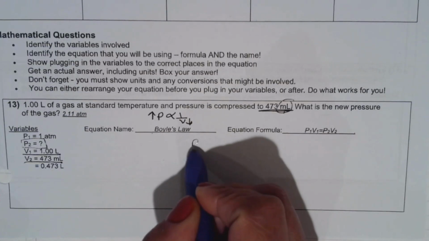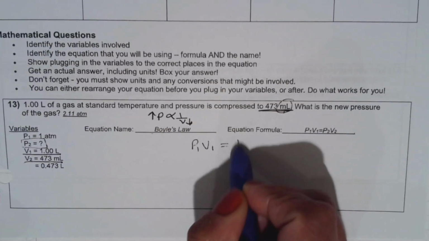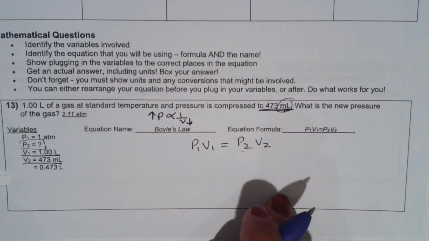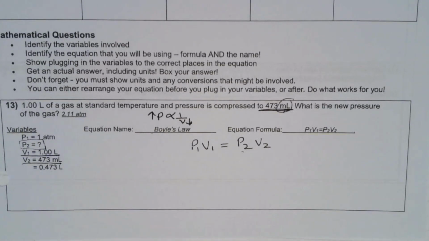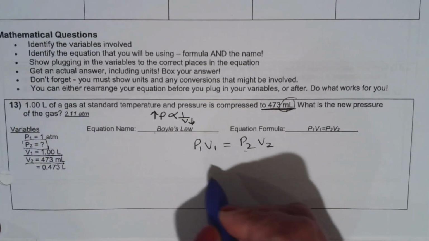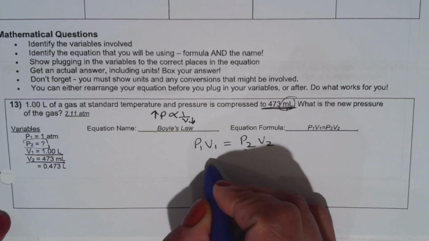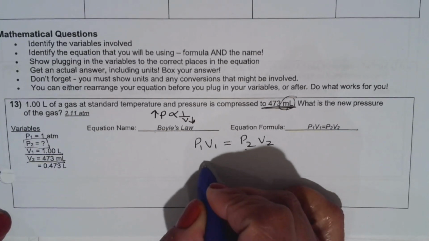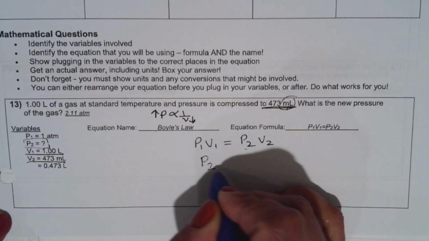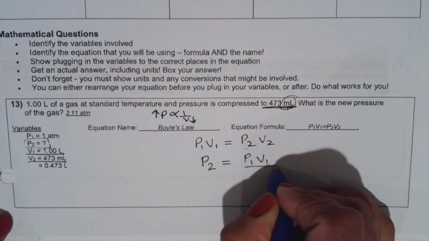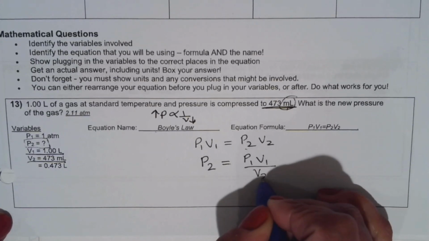So I am going to rearrange this equation to solve for P2 because this is what we are solving for. Right? So since we are solving for P2, if you divide both sides by V2, you are going to get P1 V1 over V2.